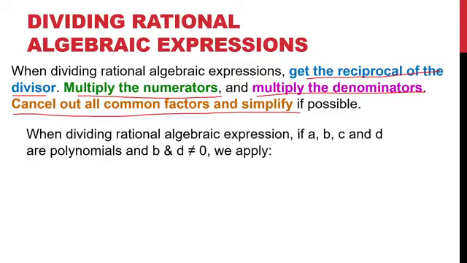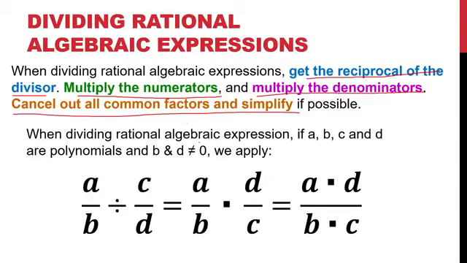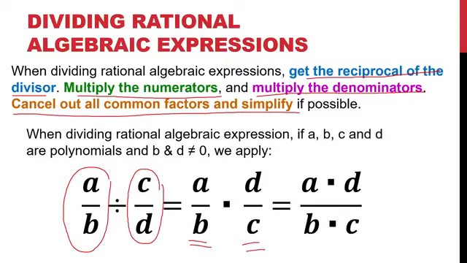So this is now the process. If you will divide A over B by C over D, you just copy the first fraction over here, get the reciprocal of the second fraction, that's D over C over here, then proceed to multiplication. That's the process when you divide rational algebraic expressions.